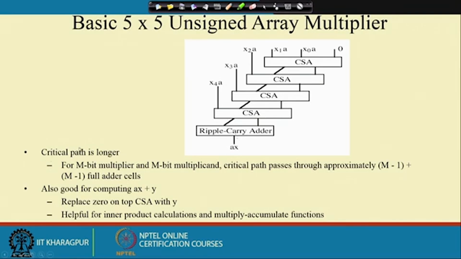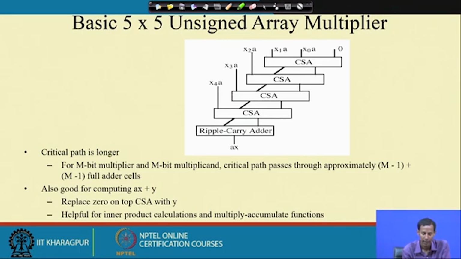So, here, as you see, the critical path passes through several stages. The structure is such that we are doing one by one addition operation, not in parallel.